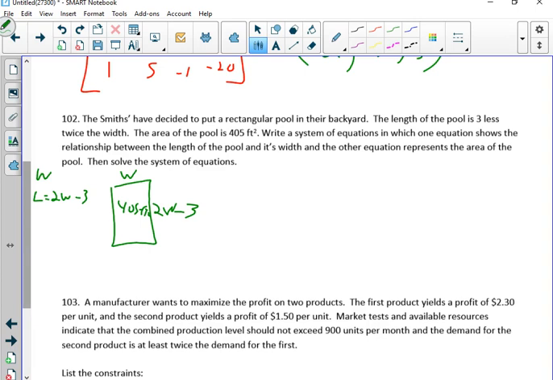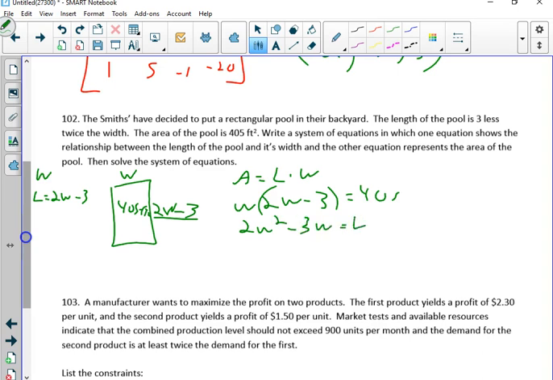But I'm going to write the length like this, with no L, because the area of a rectangle is length times width. So if I just take the length times the width and distribute, so it's equal to 405, I get 2W squared minus 3W equals 405. So I'm going to move the 405 over.